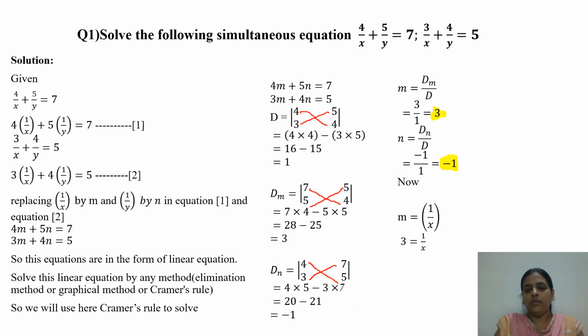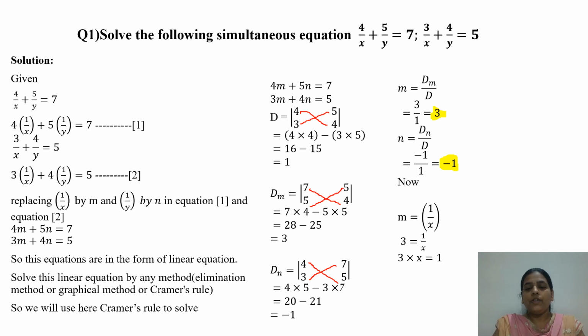So 3 is equal to 1 upon x. Next, 3 multiplied by x is equal to 1, because in the previous step x is in the denominator. After changing the side it goes in the numerator with the multiplication of the given number. So therefore 3 into x is equal to 1.